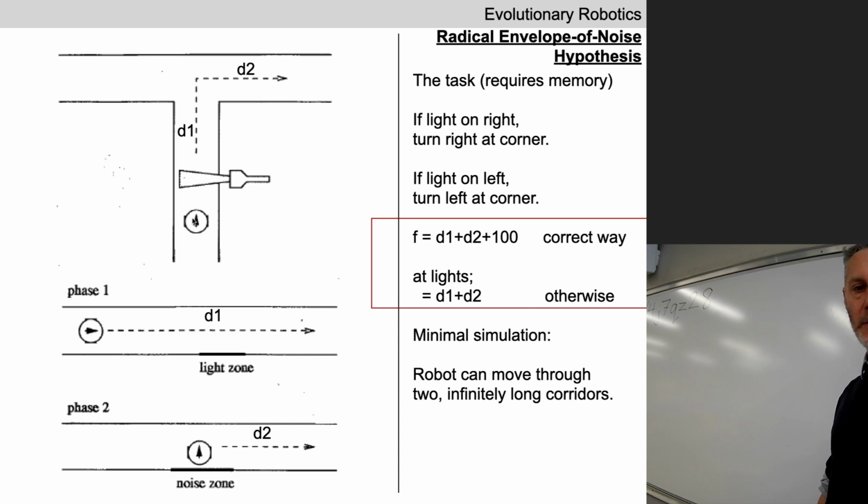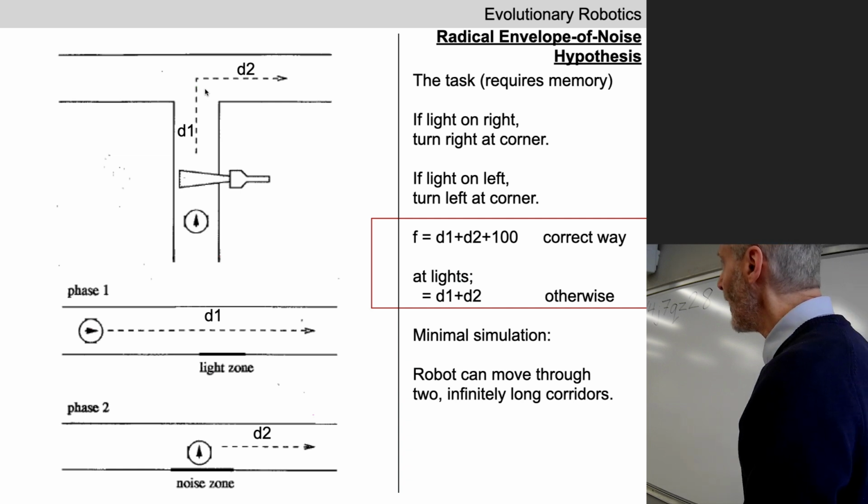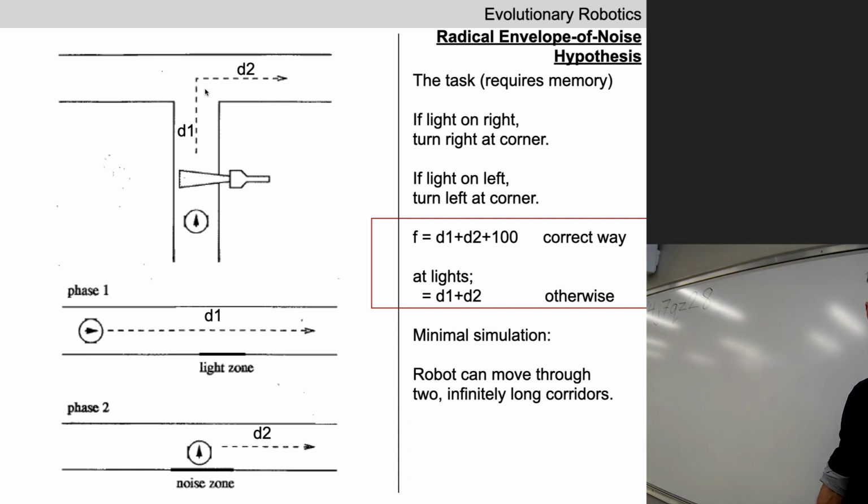Here's the task. They're going to evolve this robot to perform the T-maze experiment. You all know the meme of researchers in lab coats who put rats in mazes. This is where that trope comes from. So this is a very, very old experiment in animal behavior. You take a rat and you put it in the base of a T-maze.